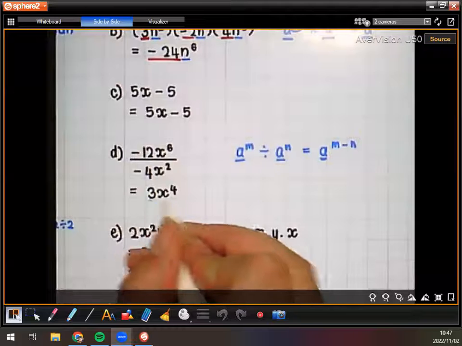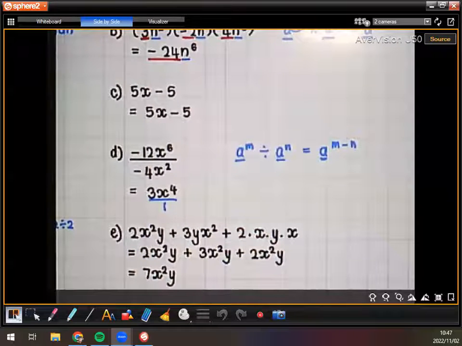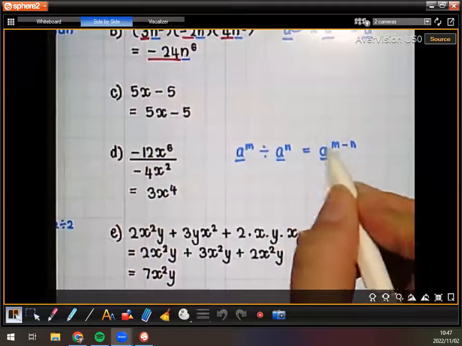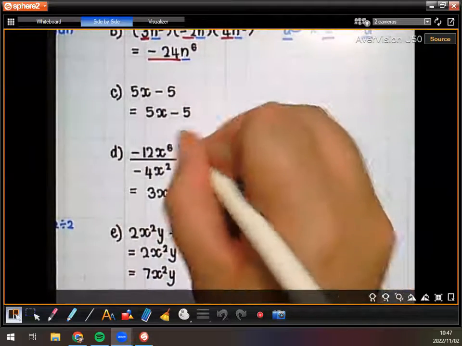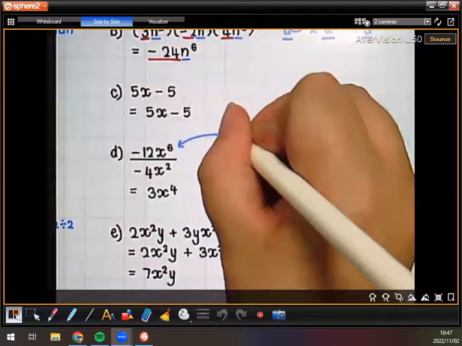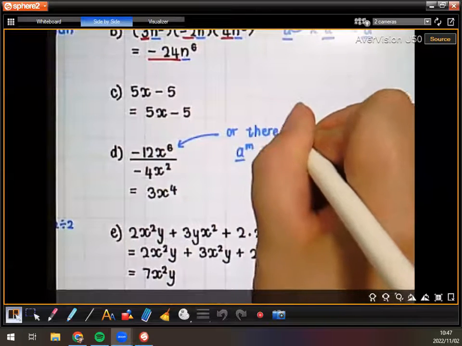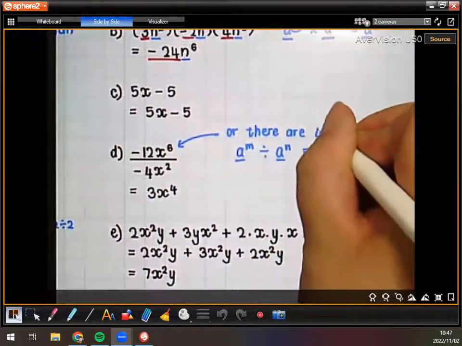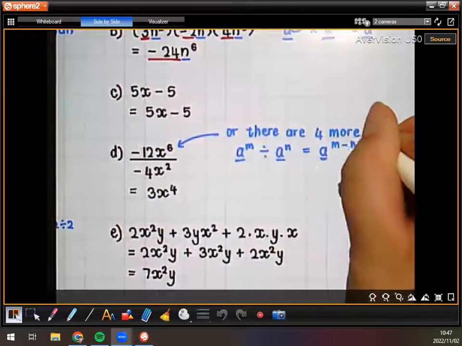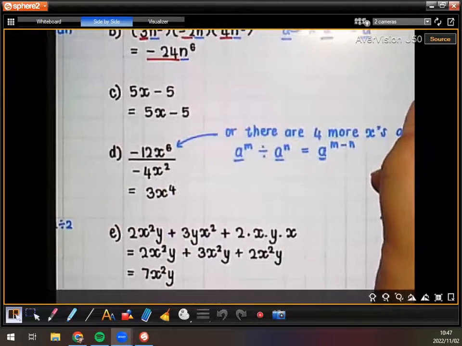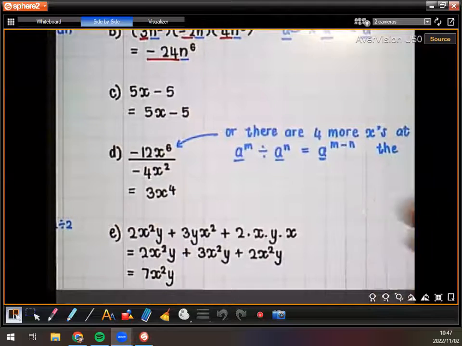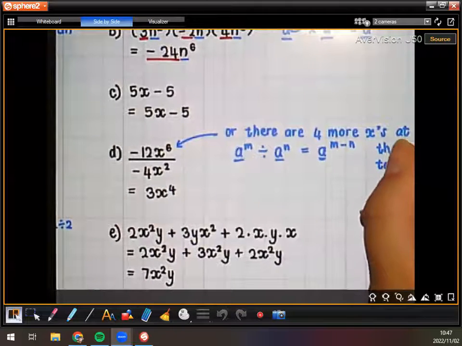All right, as a fraction, you could write it with an over 1. There's nothing new. So you can apply this minusing rule, or you can say there are 4 more x's at the top.